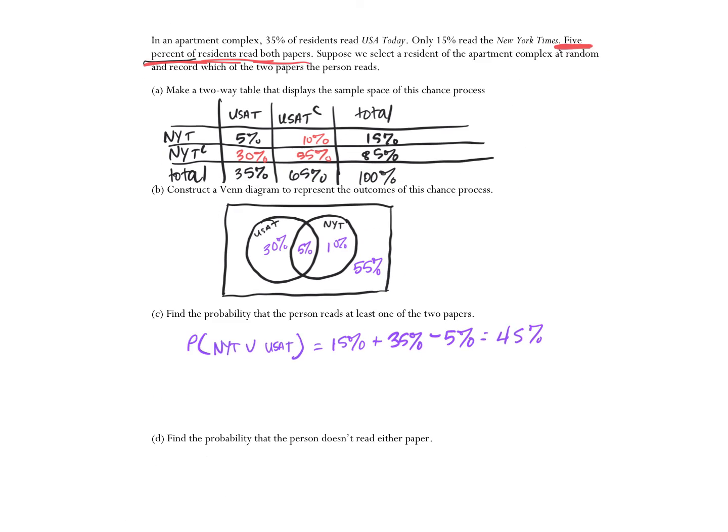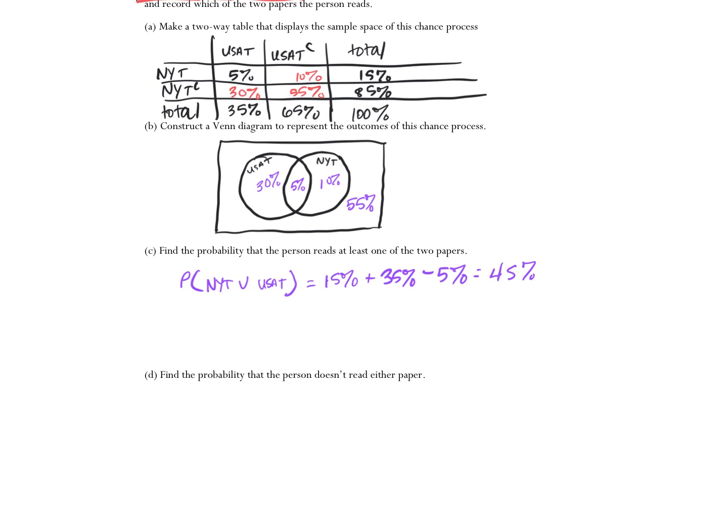All right. What if I say find the probability that a person doesn't read either newspaper? What would that be in symbols? The complement of each one.